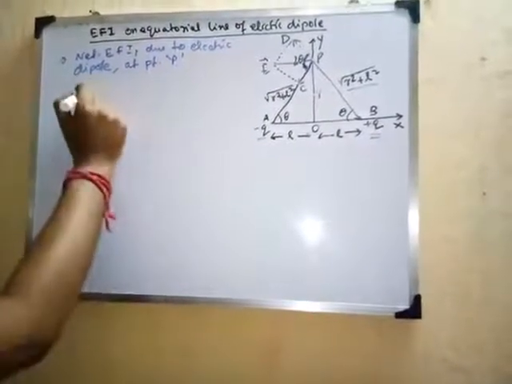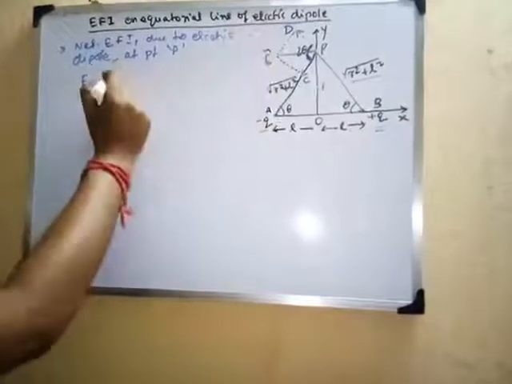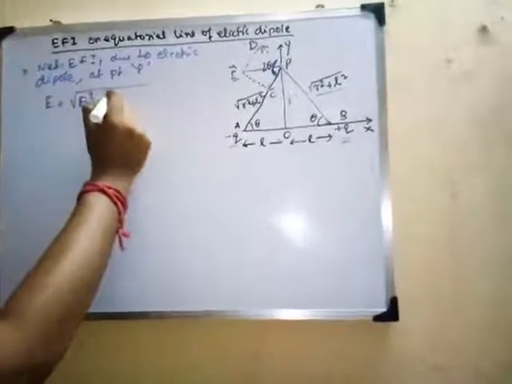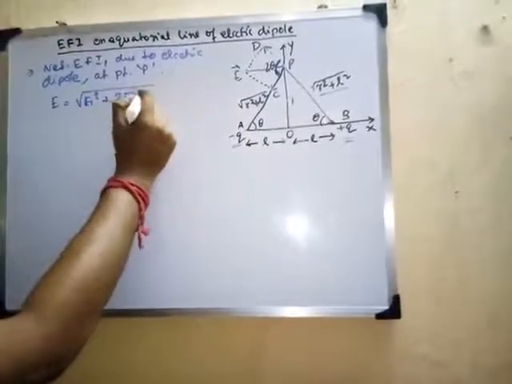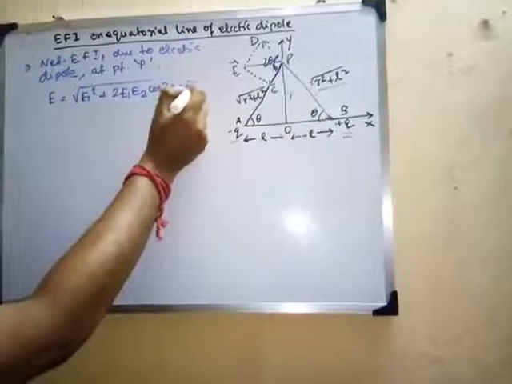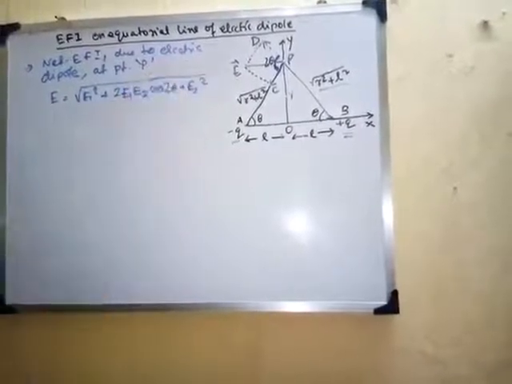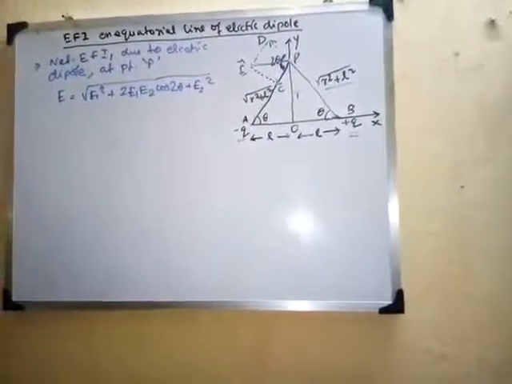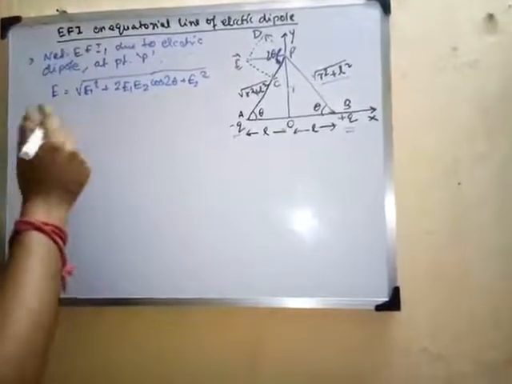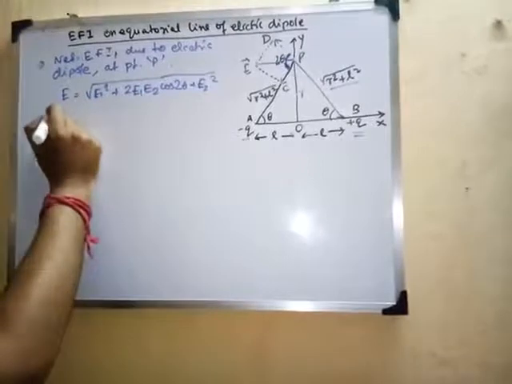By applying the parallelogram law, E equals E1 square plus 2E1 E2 cos 2 theta plus E2 square, under a root.